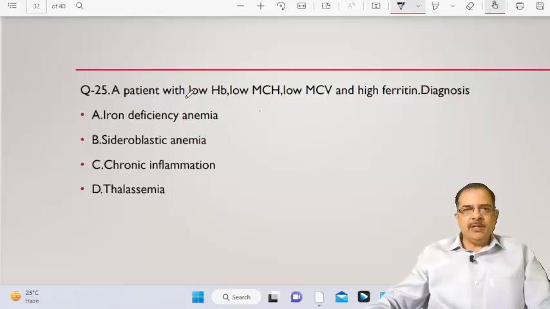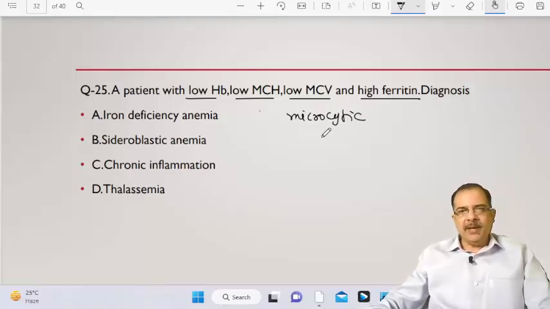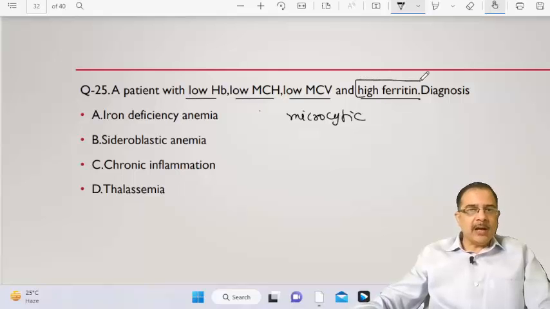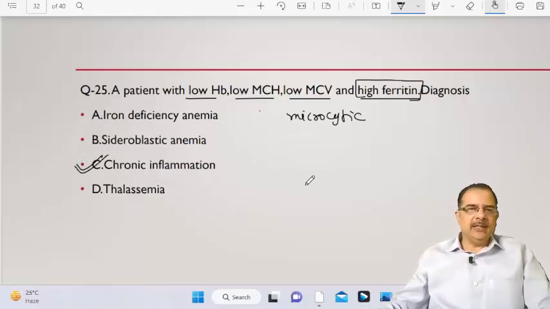Question 25. A patient with low hemoglobin, low MCH, low MCV with a high ferritin. So this is a microcytic anemia, and in this microcytic anemia ferritin levels are high, iron stores are high. So this is highly typical of a chronic disease microcytic anemia.